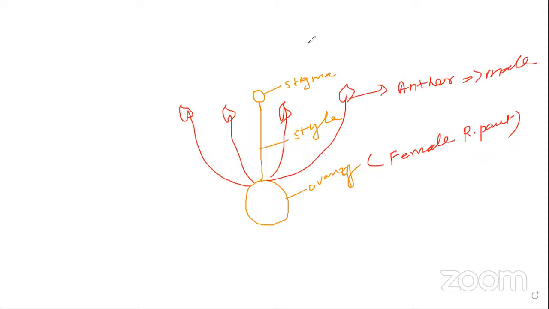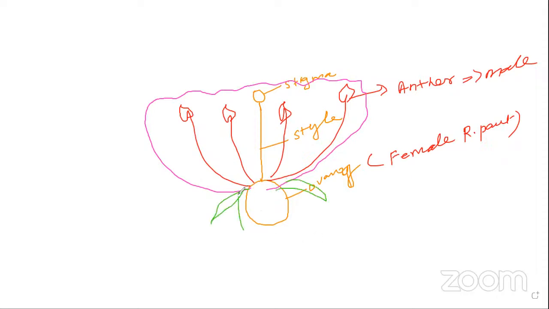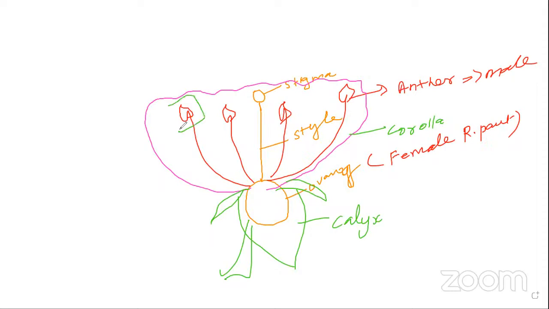Followed by that, taking a flower as an example, there is the corolla, and the outermost green layer is called the calyx. Calyx, corolla, androecium, and gynoecium. Here the anther is very, very important.